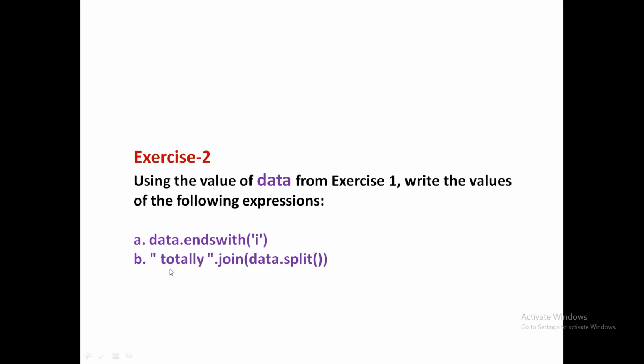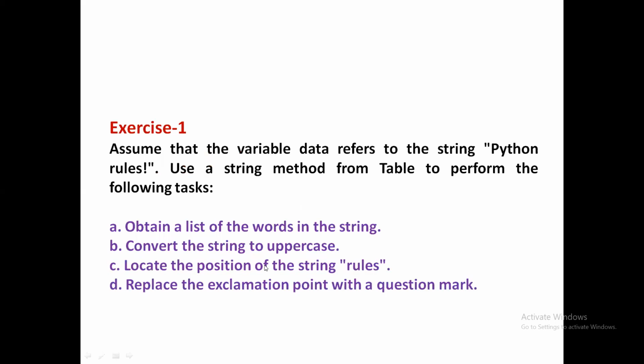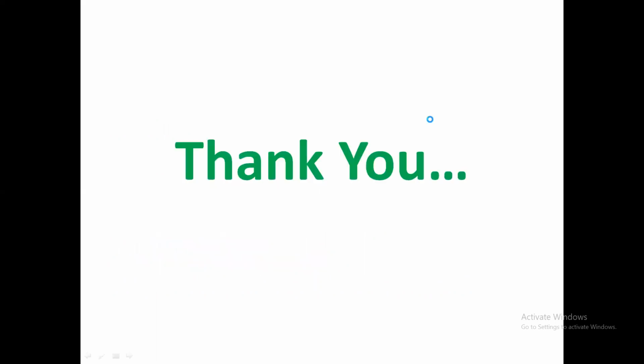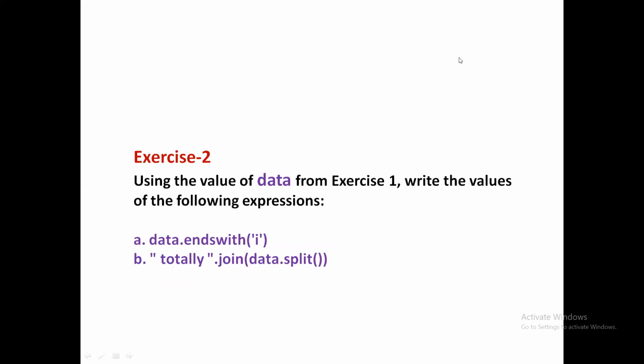Okay. The next thing is the separator dot join of data dot split. So what is the string here? Data is Python rules. It is split into a list of values here. Now you are joining that list of substrings with this separator.